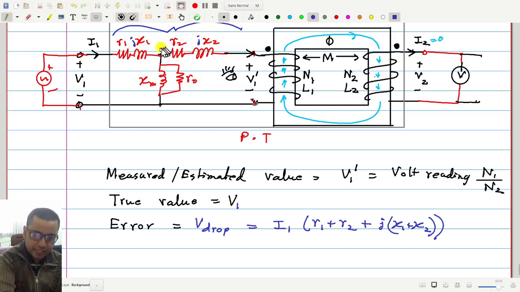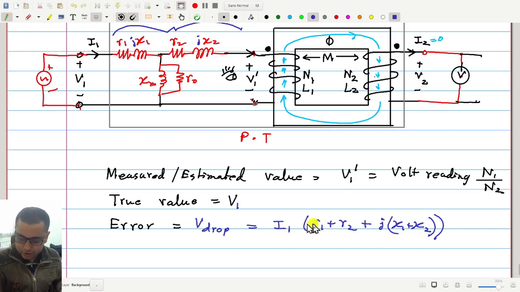Therefore, we are assuming that the same current flows here, because normally this impedance is much higher. The current that is bypassed, we are ignoring. If we consider that, we will get only second order error terms, which is not required at this moment.